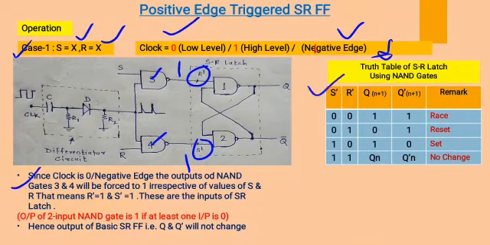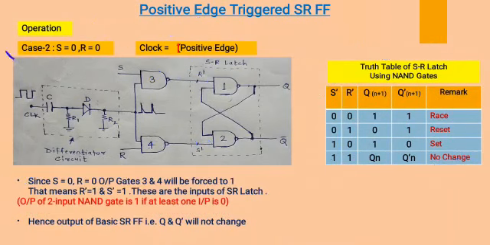Now we have the truth table of the SR latch, in which when R dash and S dash are 1 1, the output is not going to change. Therefore the output of the basic SR flip flop, that is Q and Q complement, will not change when clock is at low level, or at high level, or at the negative edge of the clock.